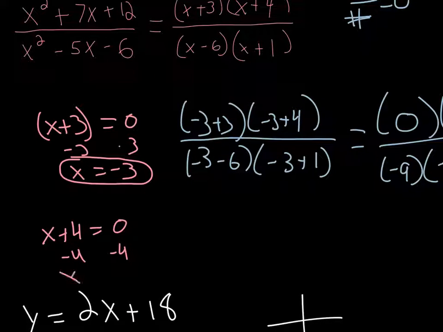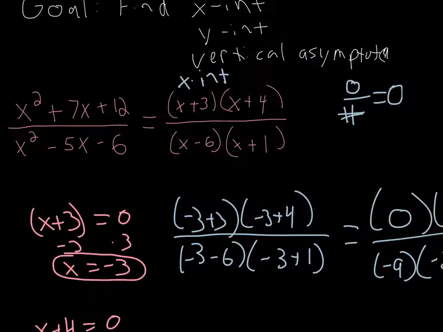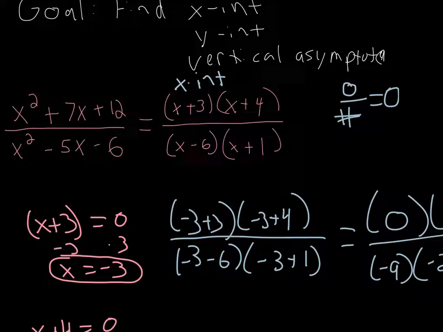is x equals -4. So a lot of you have been asking, like, well, I'm not sure when to flip it, right? When I say flip it, you're talking about the factor. This is referring to the factor, and this is referring to the x-intercept. So this is a +3 in the factor, but a -3 for our x-intercept.